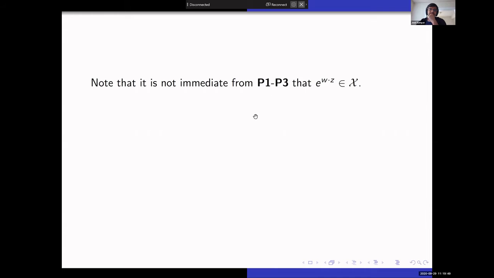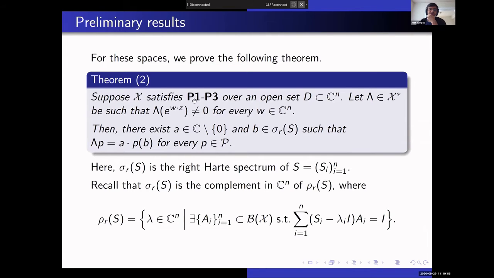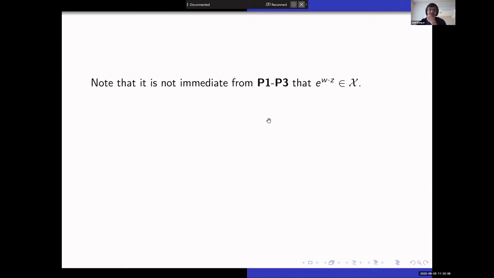First thing to note from the statement of the theorem is that it's not immediate that these functions belong to X, because I've only assumed P1, which says that polynomials are in the space X and that they are dense. So we kind of have to justify and be careful when we say that lambda of these exponentials is non-zero.